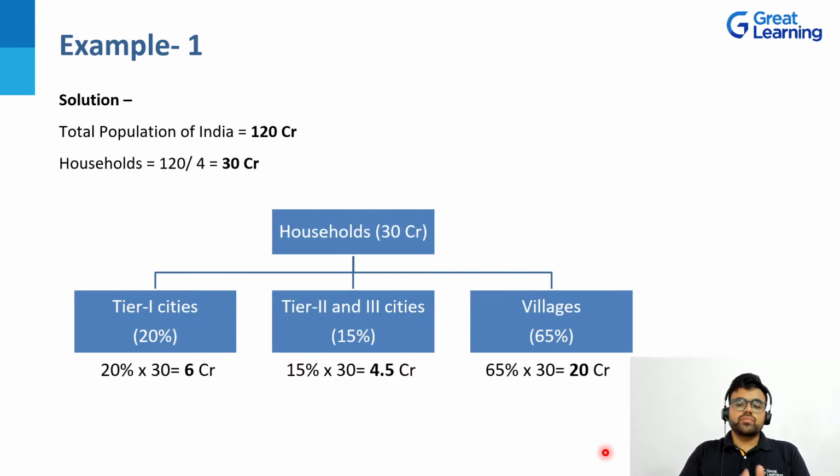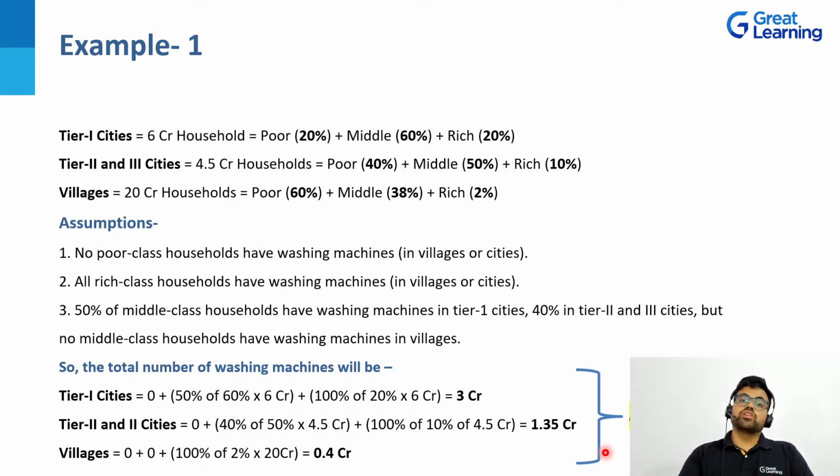So then what we did, we further divided the tier 1 cities into the income structure, the poor income, the middle income, the rich income. We did the same with tier 2 and tier 3 city. We did the same with villages, right?